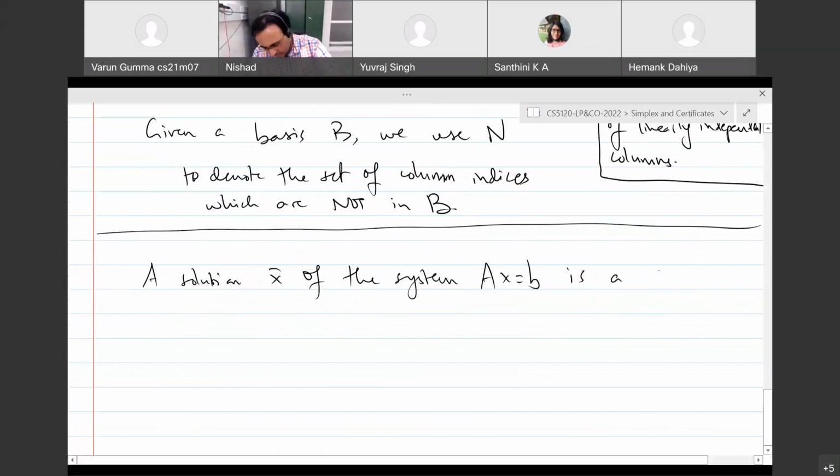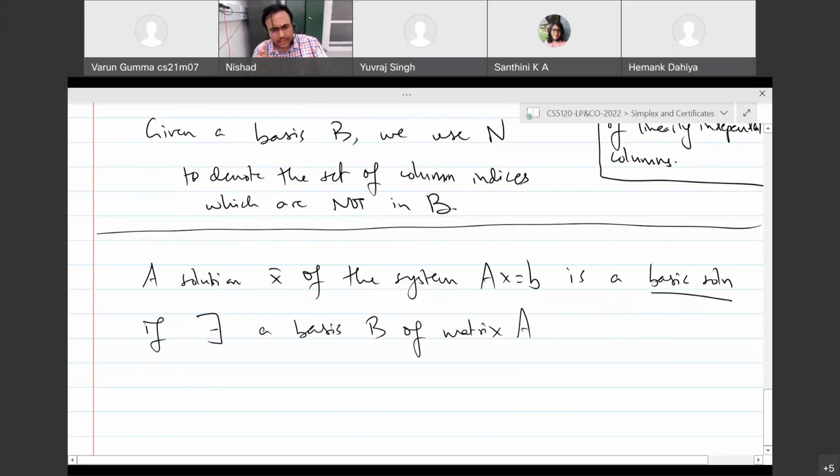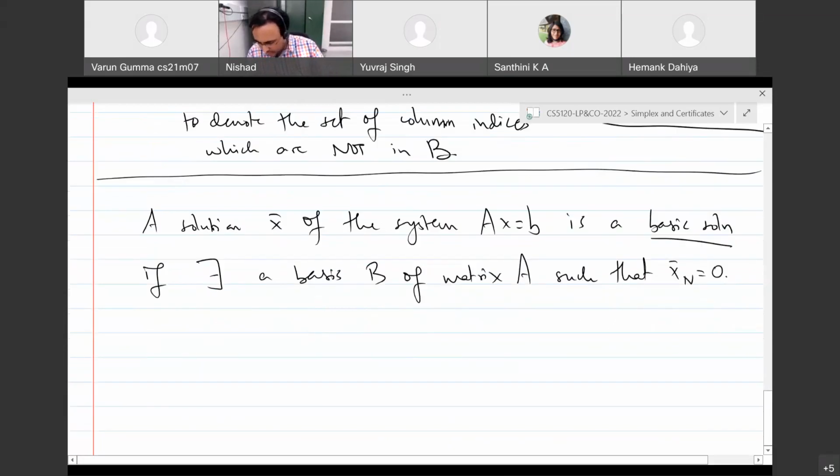Is a basic solution if there exists a basis B of the matrix A such that all of the other variables which are not in your basis are equal to 0. Right? So we want to set all of these to 0, and then we want to solve the corresponding system for that basis. I hope this notation is clear.